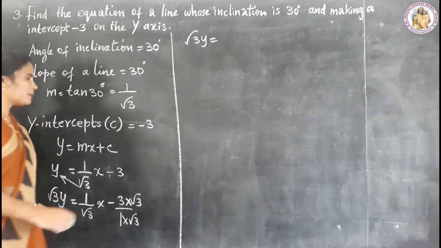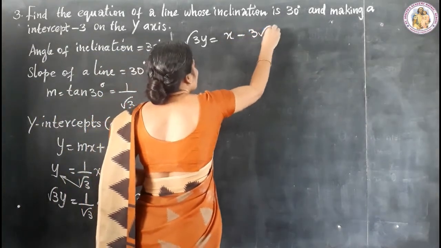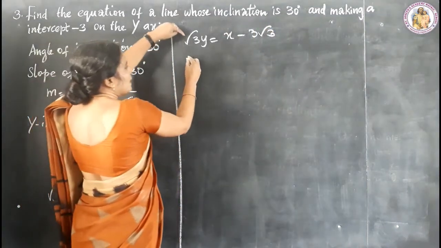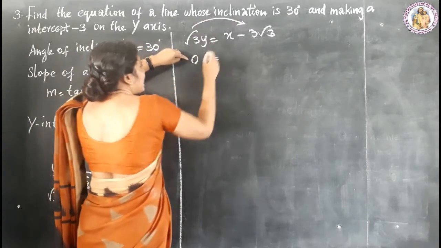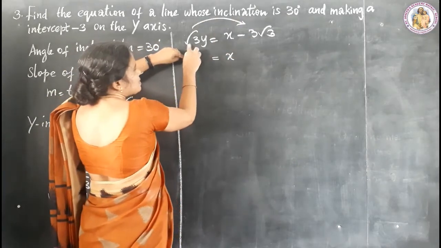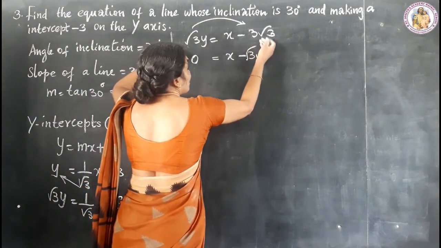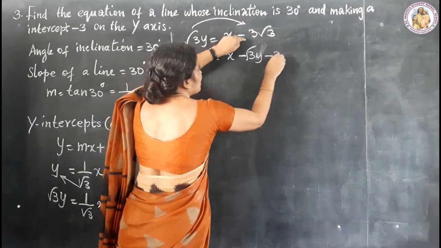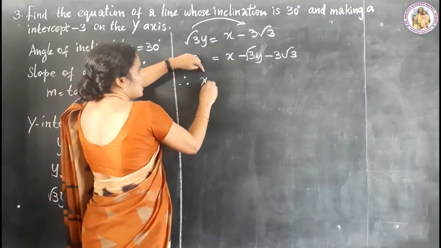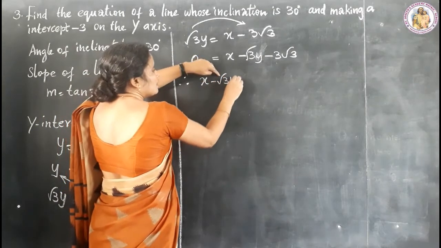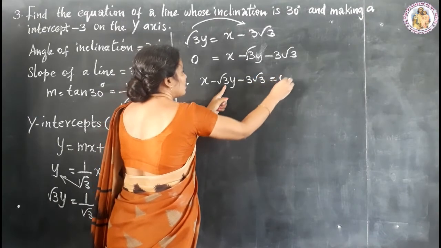So 1 by root 3 into root 3 cancels, giving x minus 3 root 3. Okay, now taking y to the right side, so x minus root 3y minus 3 root 3. Therefore the equation of the line is x minus root 3y minus 3 root 3 is equal to 0.